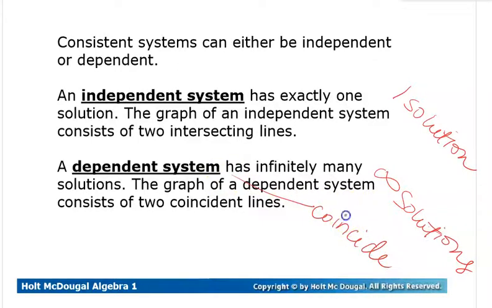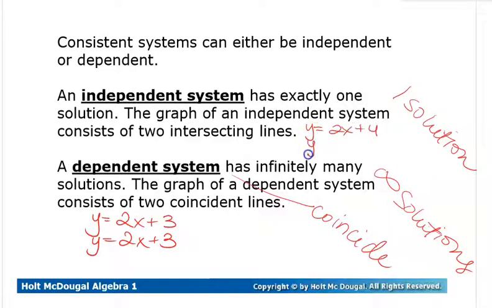So the lines that are exactly the same would be dependent. So if I have y equals 2x plus 3, and another line that's y equals 2x plus 3, those would be dependent. My independent example would be y equals 2x plus 4, y equals, let's not do that, let's do 3x minus 2. Those have one solution.